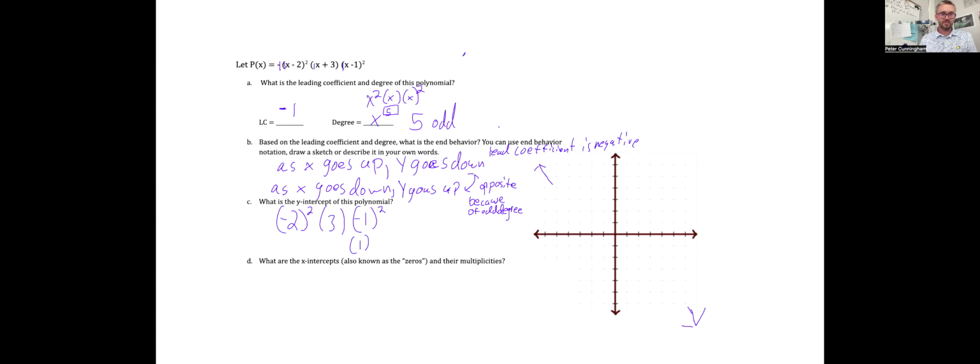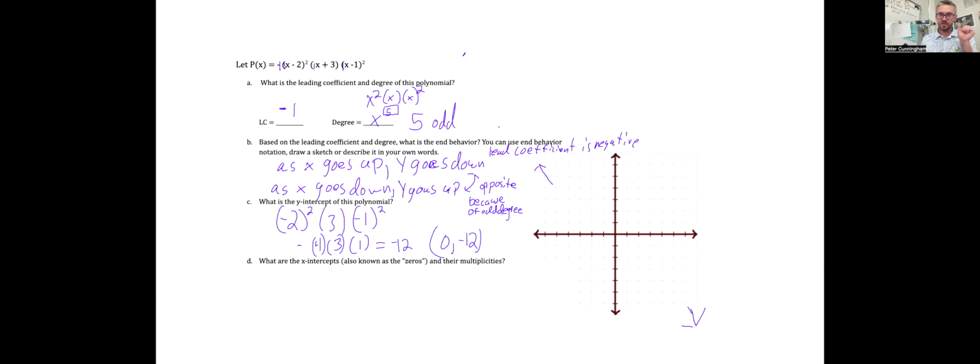Times 3 times 4, again positive because it's negative times negative. Then 4 times 3, which is 12, times 1, still 12, times that negative symbol. My y-intercept, aka my constant term, is going to be -12.